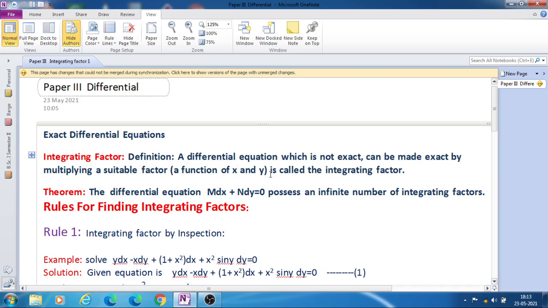A differential equation which is not exact can be made exact by multiplying by a suitable factor, which is called the integrating factor.